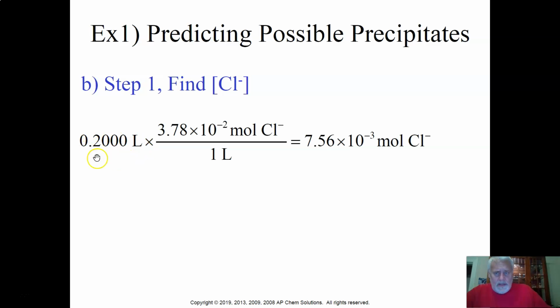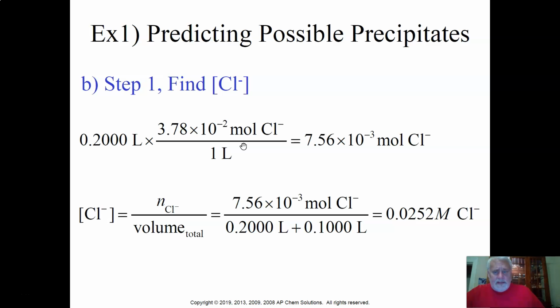We have 200 milliliters of the one at 3.78 moles per liter, so you have to recalculate and get the number of moles of ions in that solution, which would be basically a fifth of what the moles would be in the concentration.